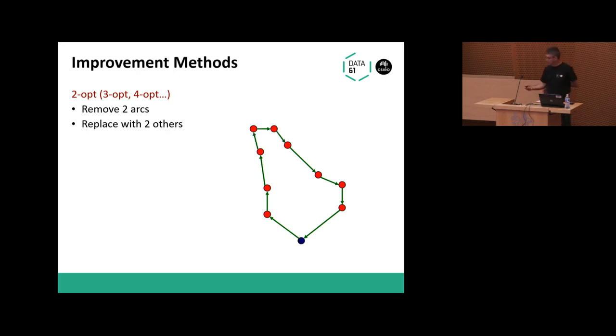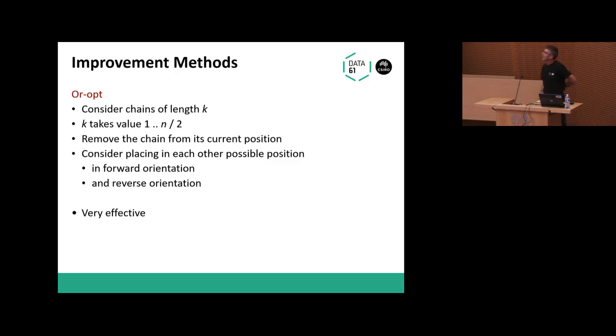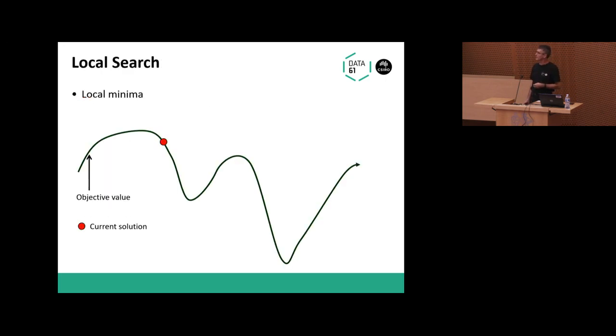And that's really good at untying knots. Okay, and then there's OR-opt, which takes any sequence of k nodes in a route and tries to insert them in every other position in all of the routes, both forward and reverse. And it's really effective. In fact, because it's cheaper than 2-opt, it can produce better solutions than 2-opt in a similar time.